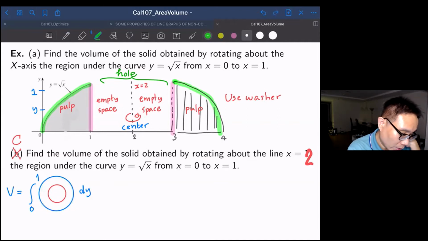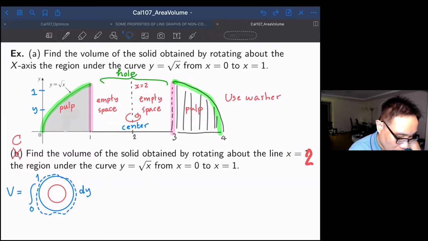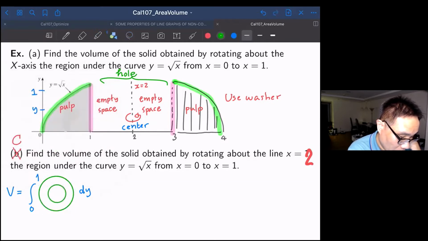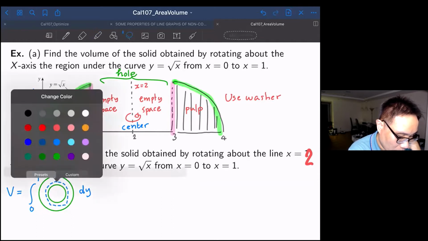So let me change the color of this guy a little bit. Let me change this one to the green, and I'm gonna change this color to the pink.